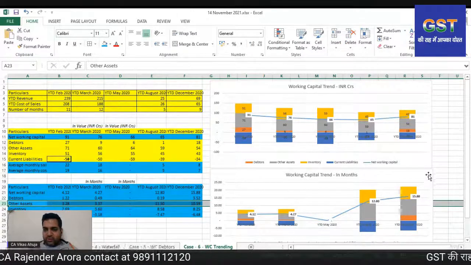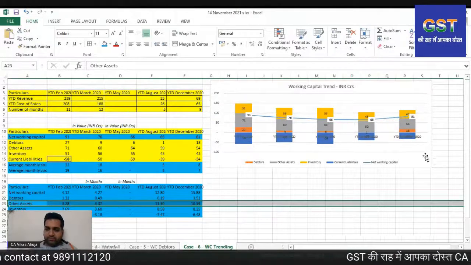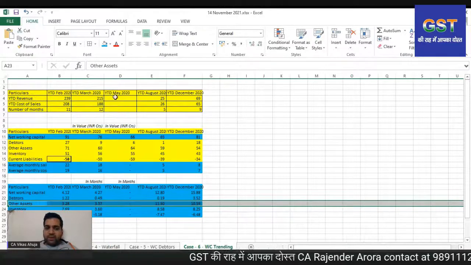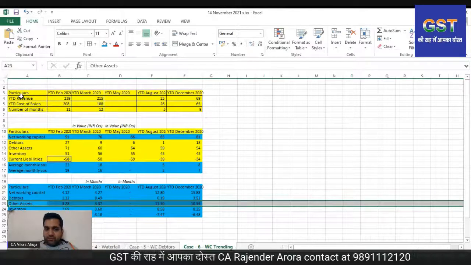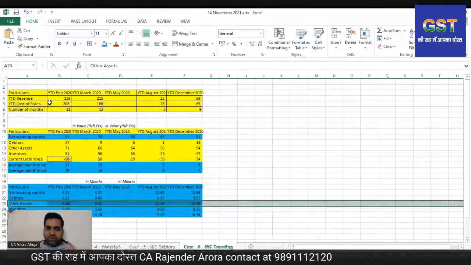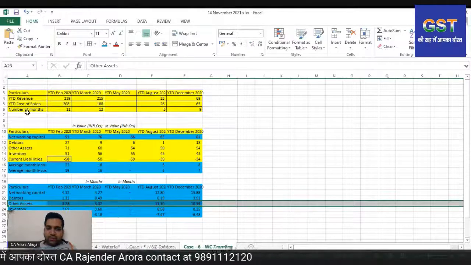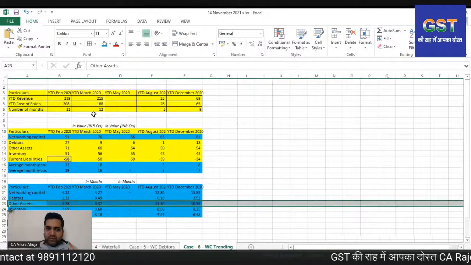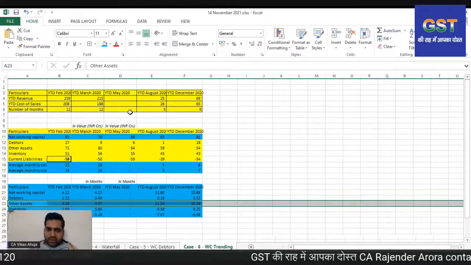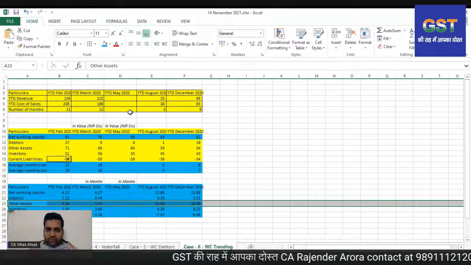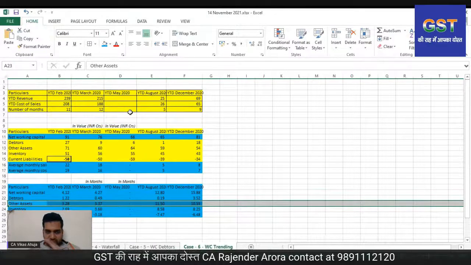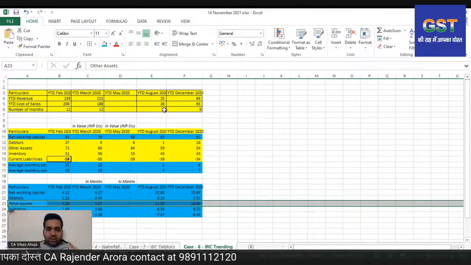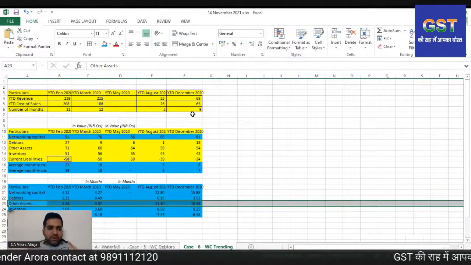Let me just redo it once again. As I told you, these are revenue figures, base data, no alteration. Cost numbers, base data. Number of months for which this data is, like here it's 11 months, 12 months. For YTD, I assume there are no numbers, just to make this piece look with more clarity. So August I reduce the numbers, December I reduce the numbers.